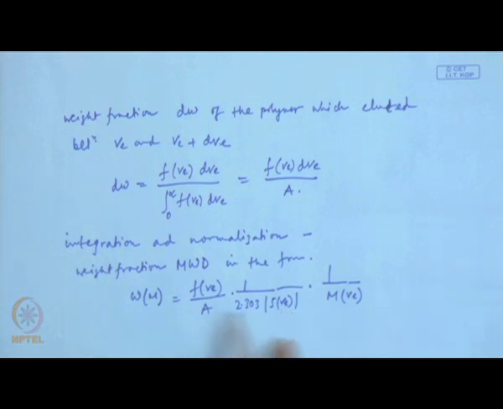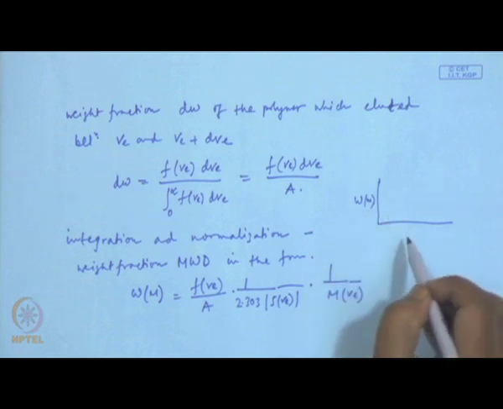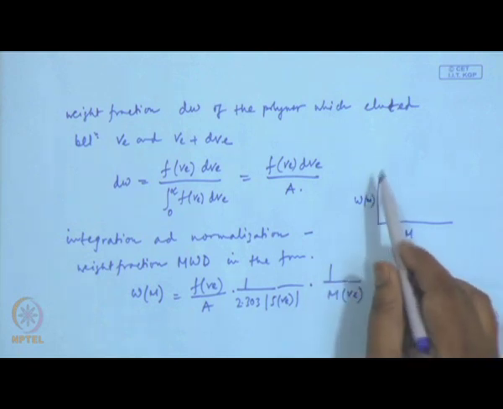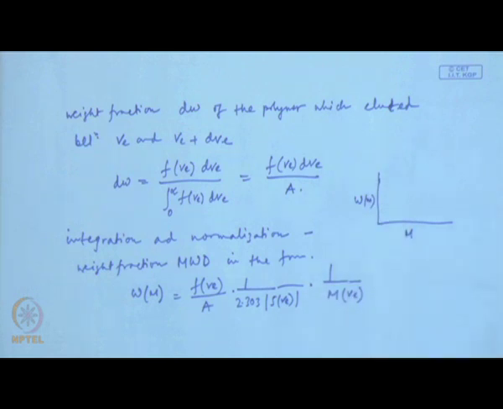Now, we do not have to do this ourselves nowadays. Fortunately, software is available which can take this and give us this type of output, from which, using the formulas which we used at the beginning, we can get Mw and Mn.